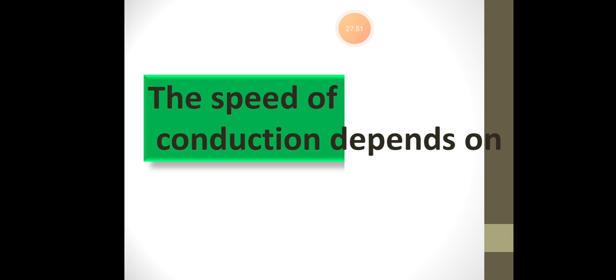So the rate is higher than in a normal axon. The conduction speed depends on two factors: the diameter of the axon and the presence of a myelinated axon. These two are the most important when we talk about speed.